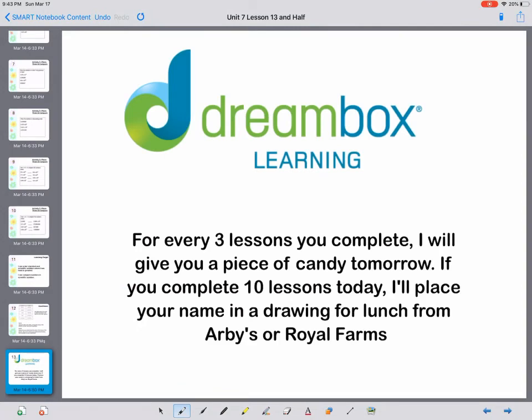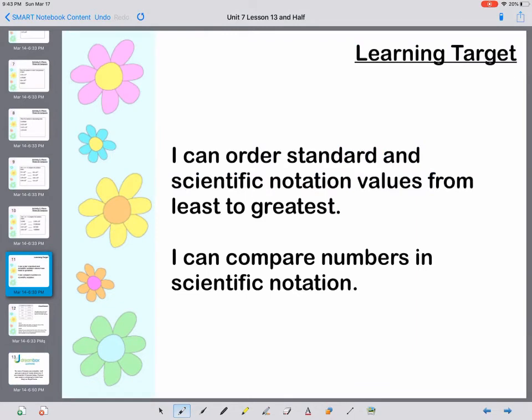So after you're done with your cool down, make sure you go in and you put today's lesson in your binder. You're gonna self-reflect and mark your learning targets for the day of ordering standard and scientific notation values from least to greatest and comparing numbers in scientific notation.